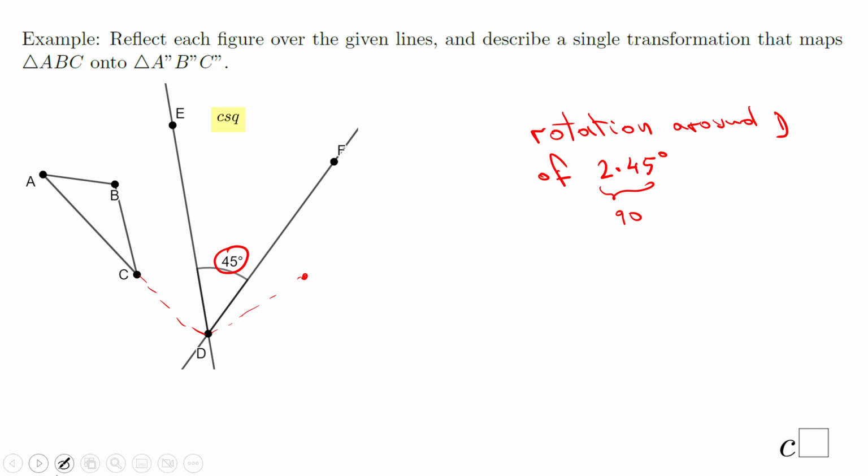Let me try to do the picture now, and I'm going to start with point A, even though it's the furthest away. So again, I'm going to try to draw a perpendicular line to the first line, and sometimes this can be tricky. You can have overlapping triangles. So I think that would be good.